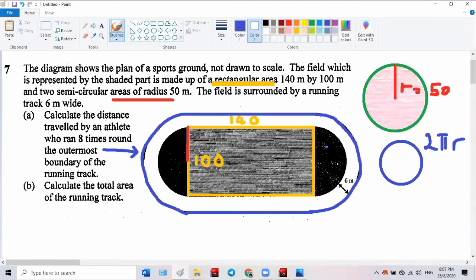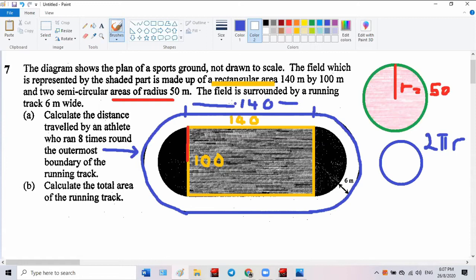Now, you want to run the outermost boundary. What must we add? We must add from here to here. How much did you run from here to here? 140. Yes, he ran here.